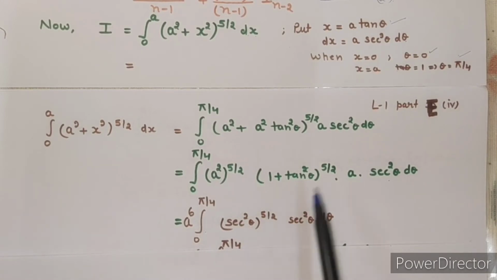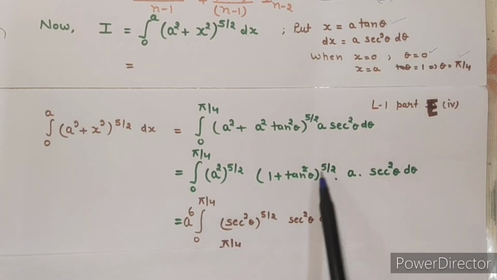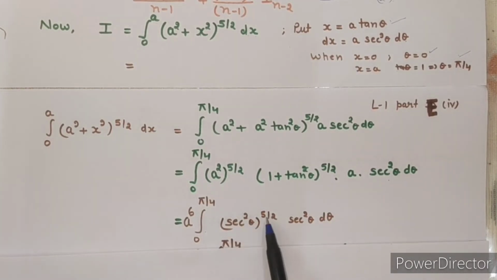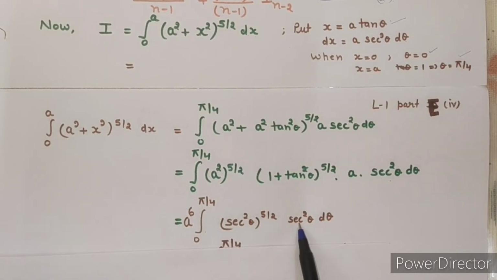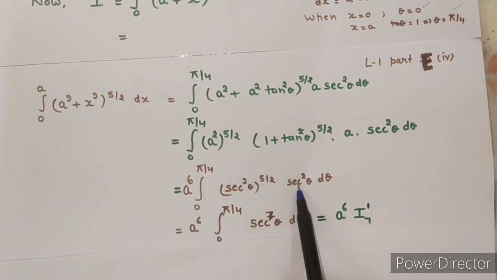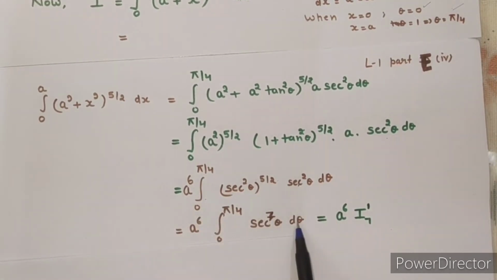So secant square theta, power is 5 by 2, and this is secant square theta d theta. So secant square to the power 5 by 2, the 2s cancel, so this is secant 5 theta, and this is secant square theta. So the value of this integral becomes secant 7 theta d theta.